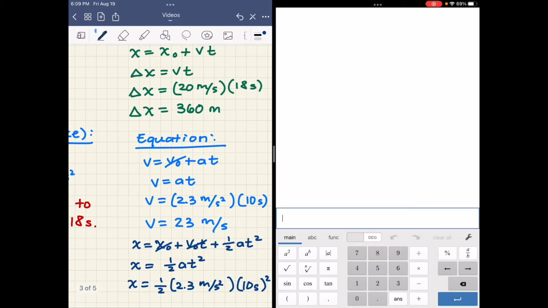Don't forget parentheses are your best friends. So 1/2 times 2.3 times 10 squared, that's 100. And we have 115. So here, the police is 115 meters from the point where he saw the boat speeding. So there you go.